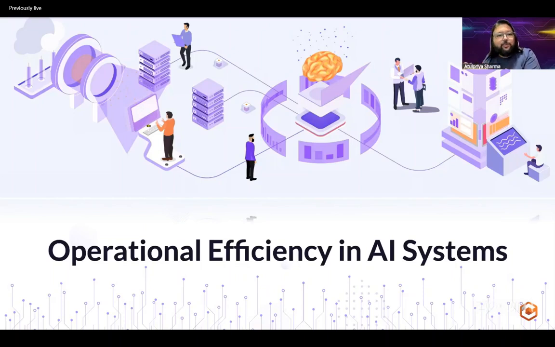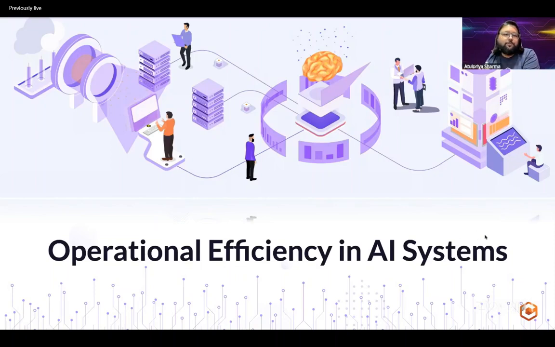We then dived into the whole optimizations part of it, and I think logically it makes sense now to talk about operational efficiency, because when we have optimized the system and the models as much as possible, now it's all about efficiency, and how do we improve that.